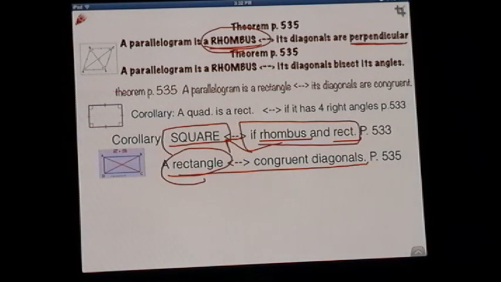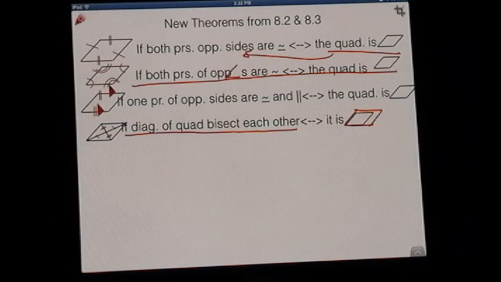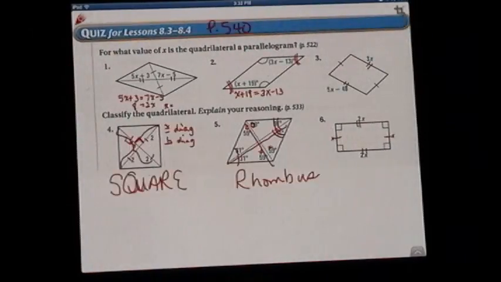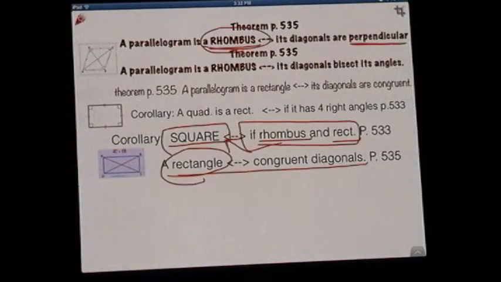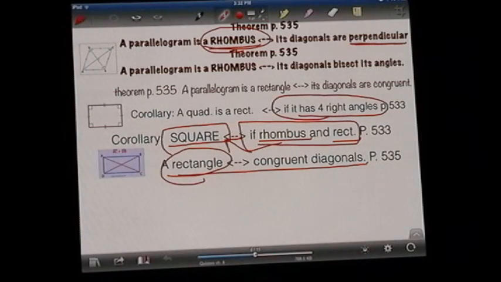Congruent opposite sides aren't mentioned in the rhombus and square and rectangle part, but the congruent opposite sides make it a parallelogram. If both pairs of opposite sides are congruent, it's a parallelogram. So this is a parallelogram with right angles. Okay, the four right angles make it a rectangle.